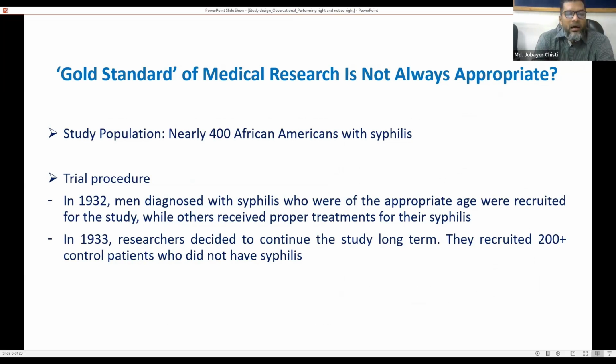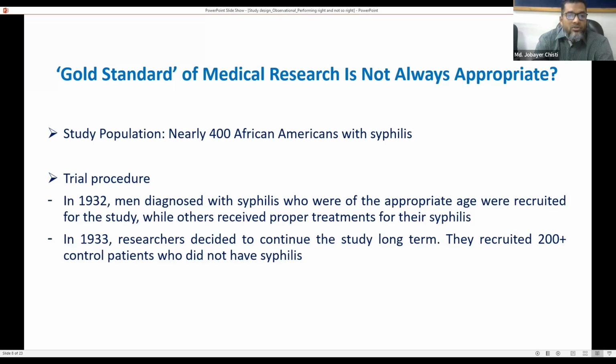In 1932, those diagnosed with syphilis who were of the appropriate age were recognized, and they received proper treatment of the syphilis. And in 1933, researchers decided to continue the study long term.